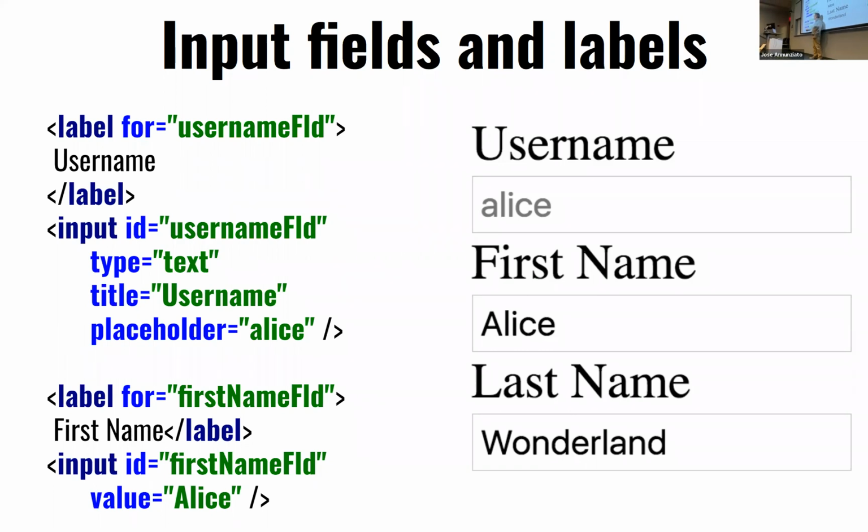If you click on the first name, it will select that input field. So here, if I want to type in Wonderland, I have to, with my mouse, just click anywhere in this box. But if I put a label, I can also click the text. If I click on the text, it is as if I had clicked on the input field.